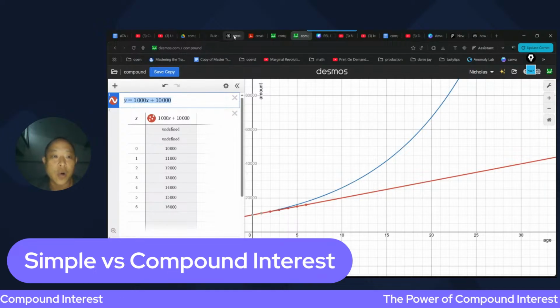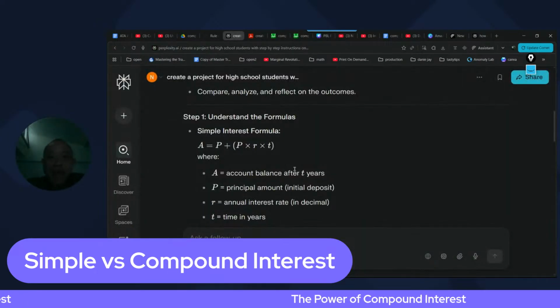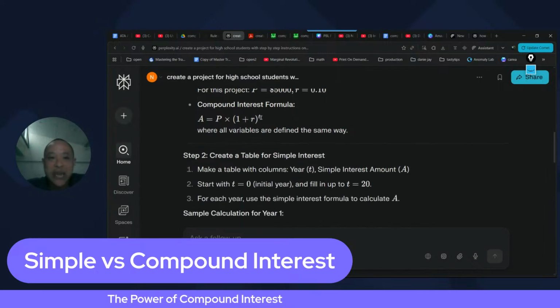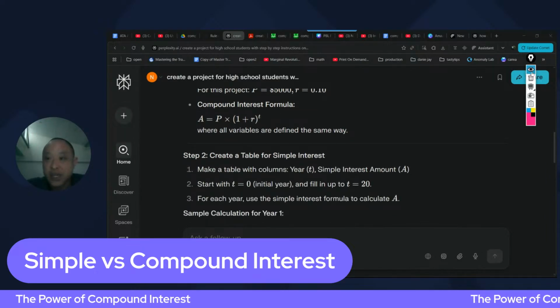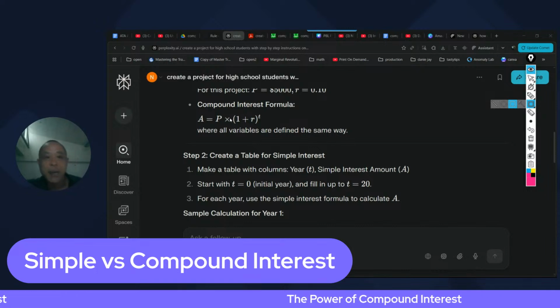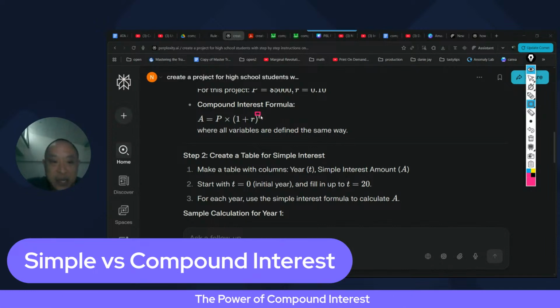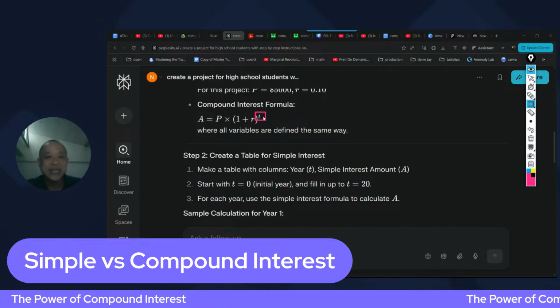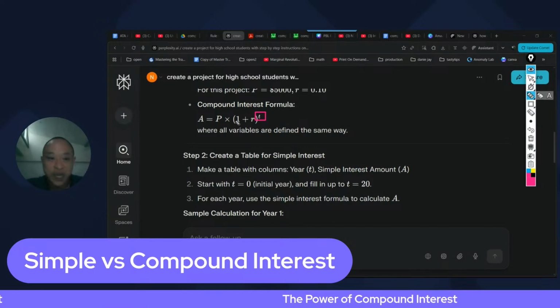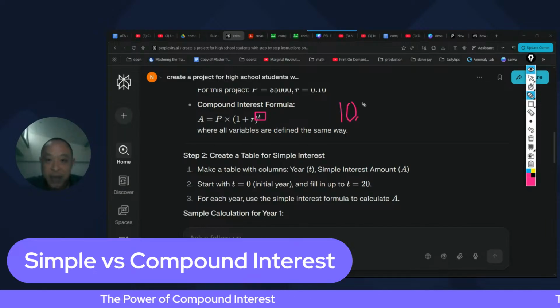Now, let's go over to compound interest. Compound interest is an exponential function, meaning here, instead of mx plus b, you can see your time is in the exponent. And the reason is, if you think about it, it makes sense intuitively. Let's say you have $10,000 in your account.